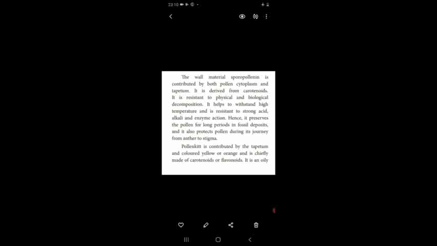It withstands high temperature, and is resistant to strong acid, alkali and enzyme action. Due to these properties, sporopollenin preserves the pollen for a longer period in fossil deposits. And it also protects the pollen during its journey from anther to the stigma.